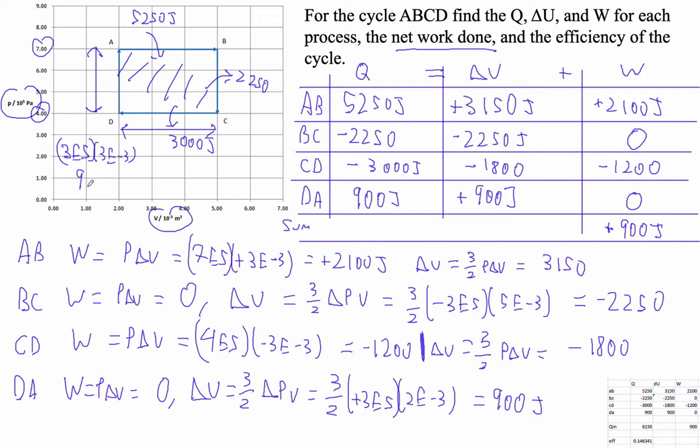And that gives you 900 joules. The fact that it's clockwise makes it positive, okay? Because remember, it's doing work at the high pressure, and we're doing work on it at the low pressure, right? So it's a net positive thing.